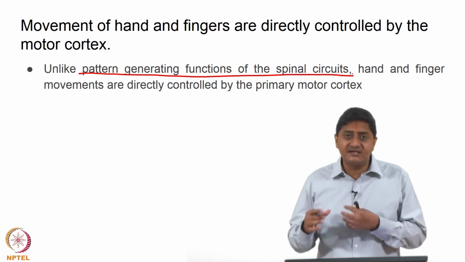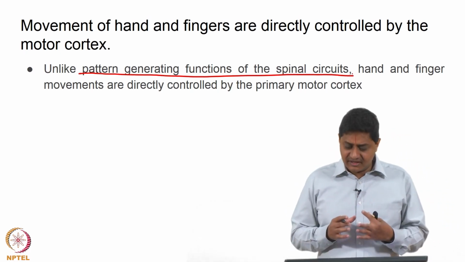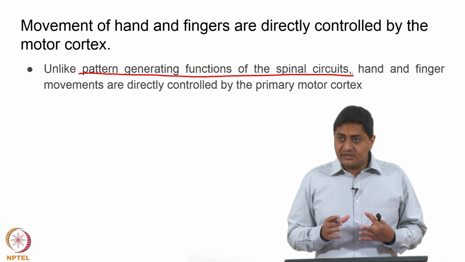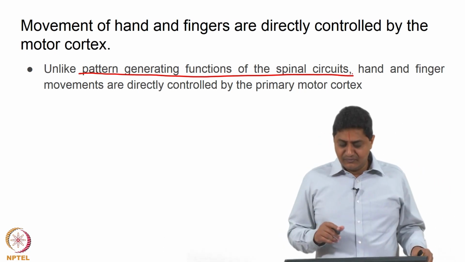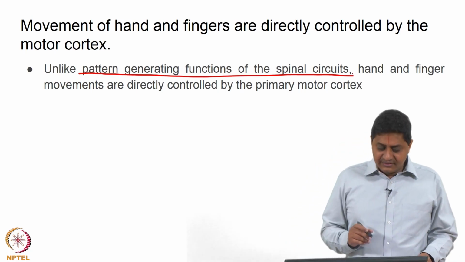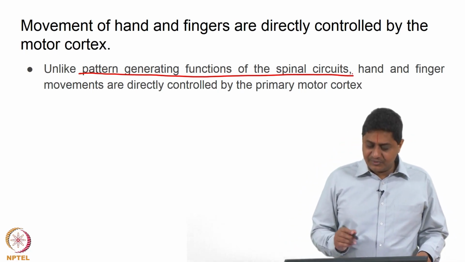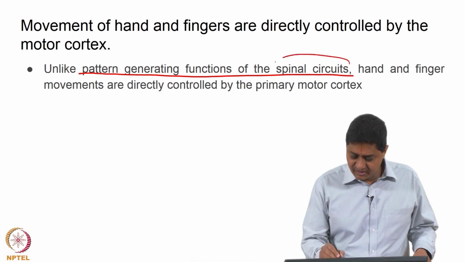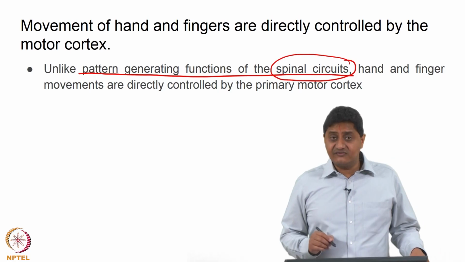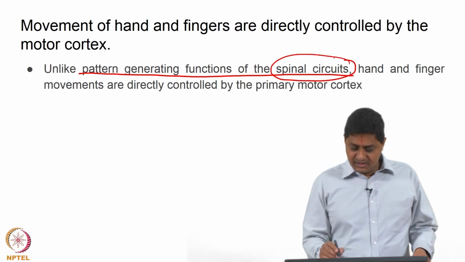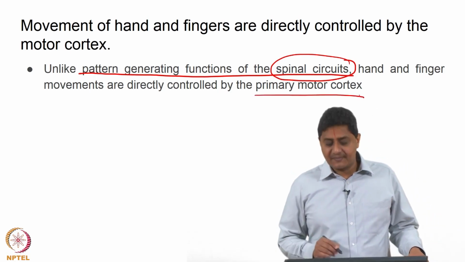These produce oscillator like activity that produces locomotor like function. That is prevalent in the spinal circuits, whereas the hand and fingers, their control is from the primary motor cortex.